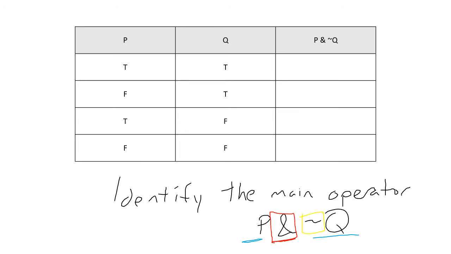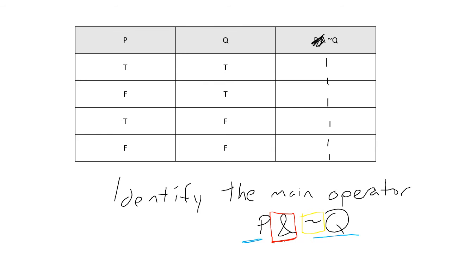So what I'm going to do here is drop down some dotted lines. And I'm just going to do the evaluation of tilde Q by itself. So what's tilde Q? We're just ignoring this part for right now. How do we evaluate tilde Q based on our key?